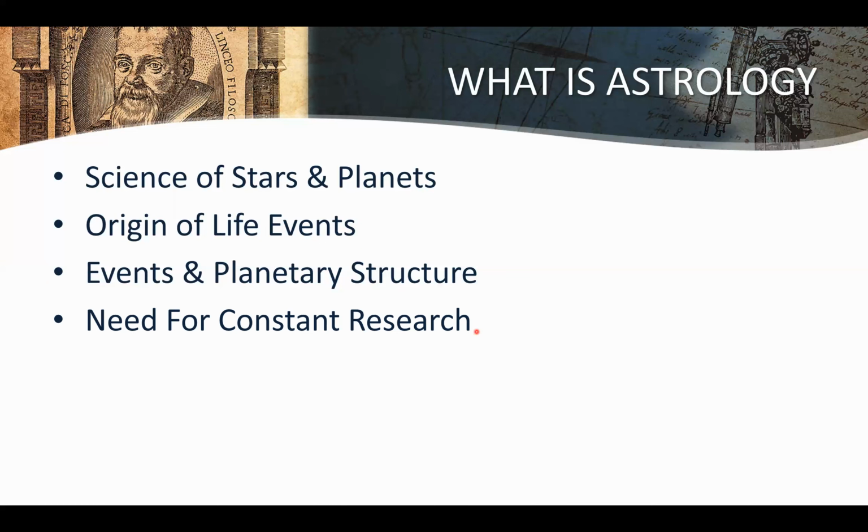So we need to continuously do research and try to understand how astrology is taking shape in our life. And as such, astrology falls in the category of science. So we need to always do research and try to find out how the events are going to happen.